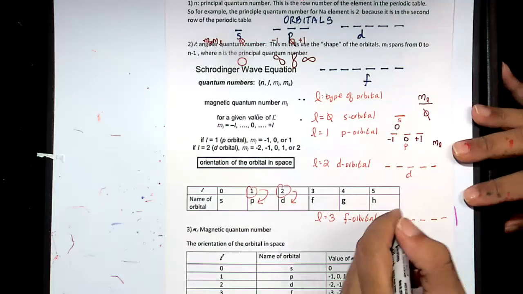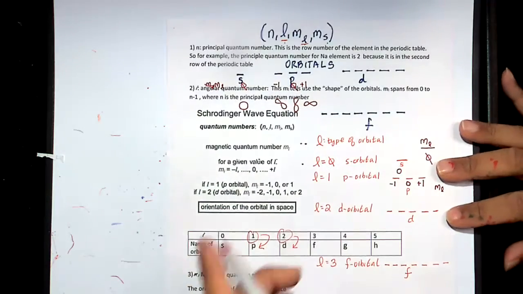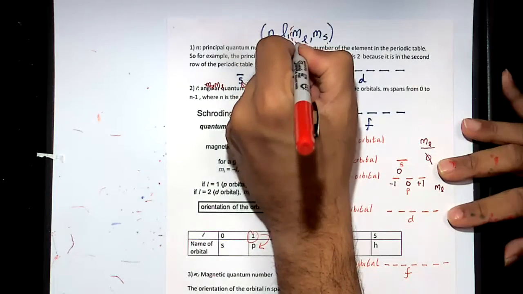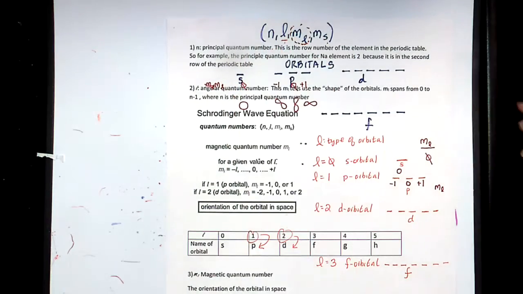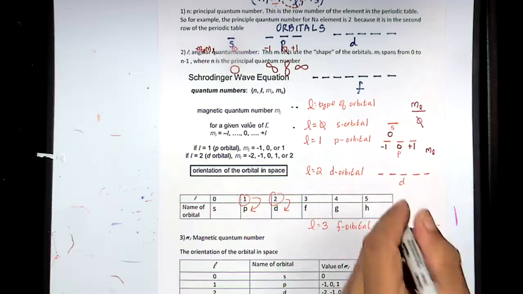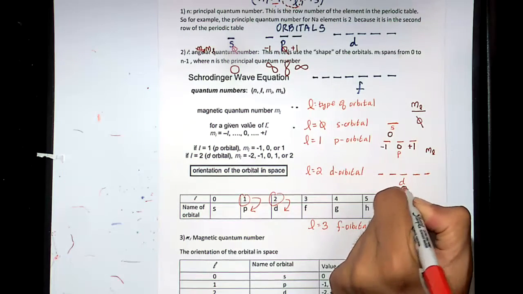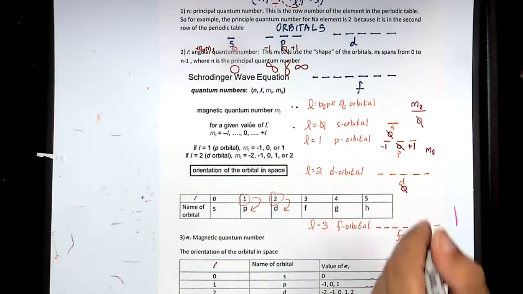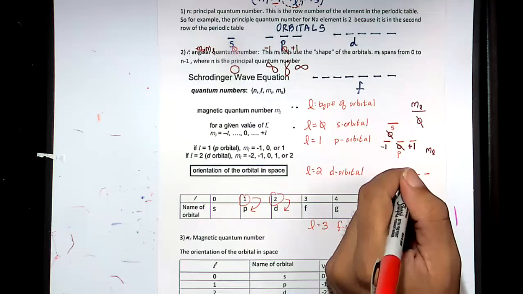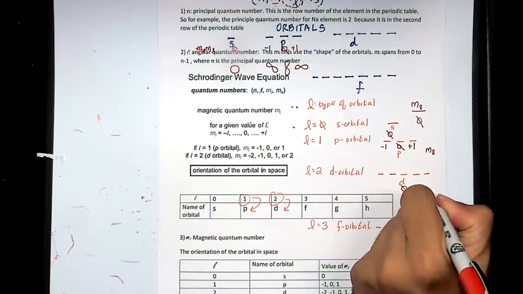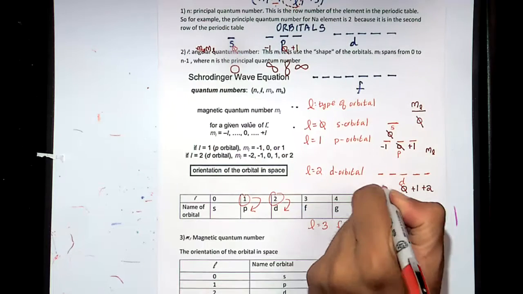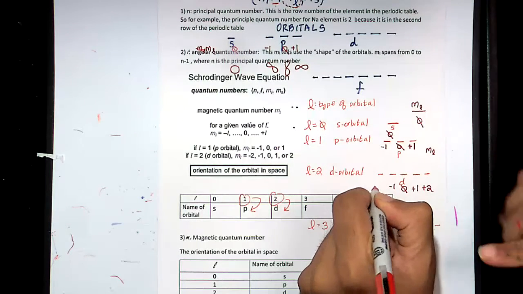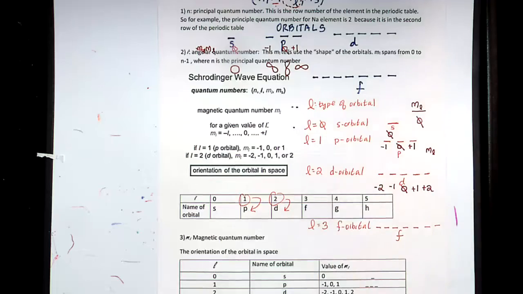Okay, m sub L, the third quantum number. The center always gets 0, and then we just count numerically. So +1, +2, and -1 going to the left-hand side, -2.